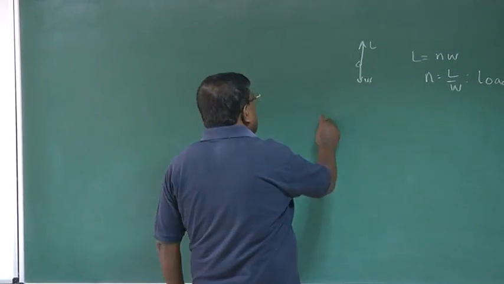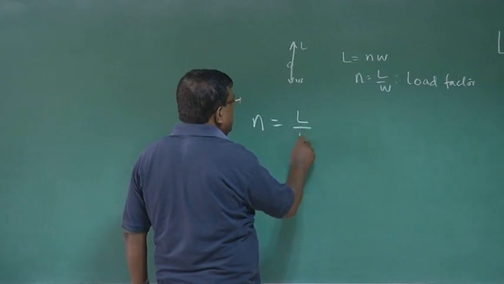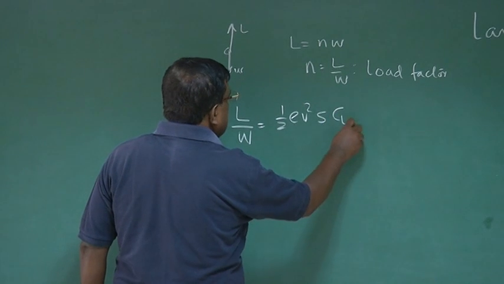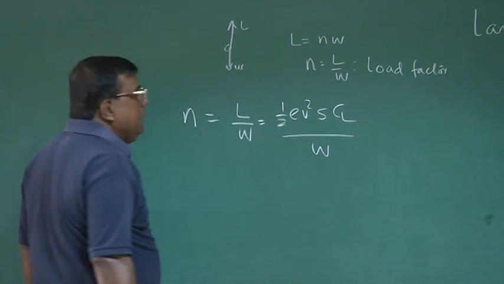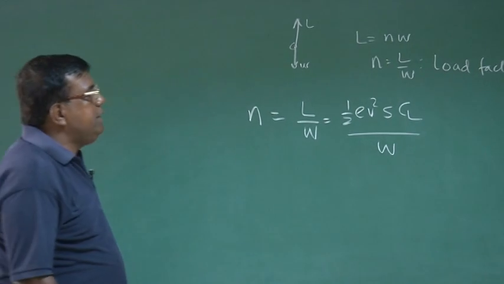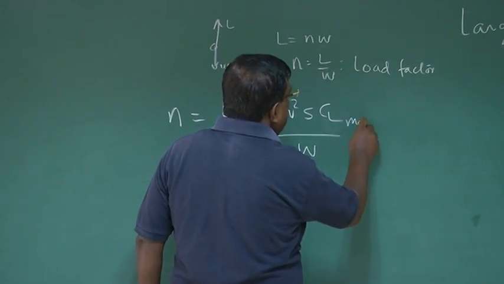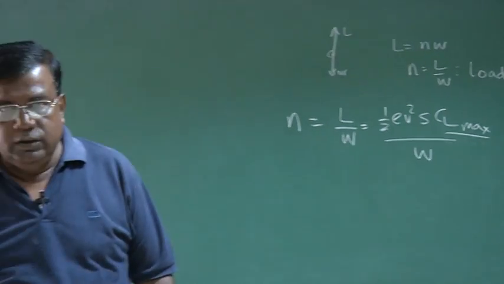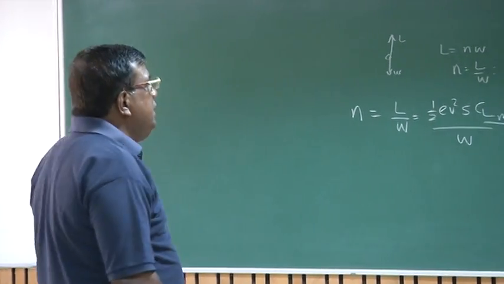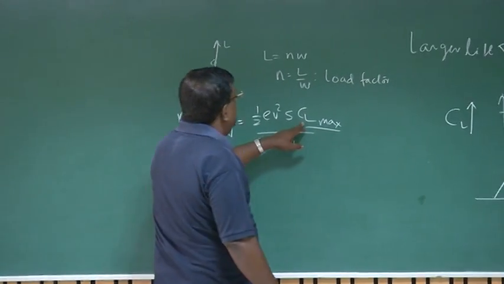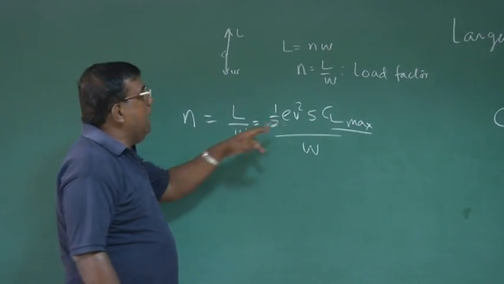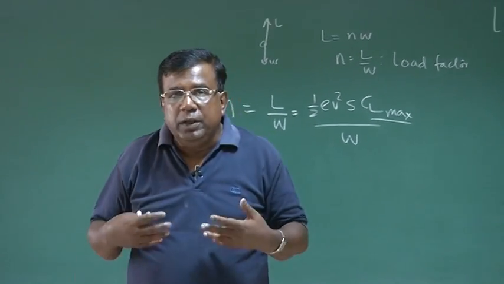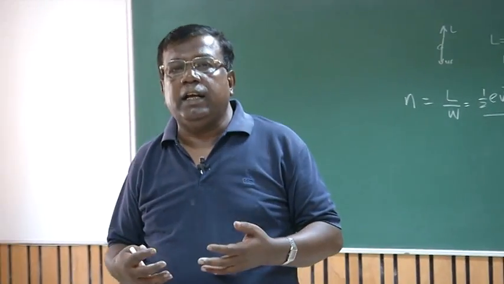Since I know n equals lift by W, and n is nothing but half rho V squared S CL by W. Let's say I am flying at CL max because I know beyond this CL max I cannot fly, as I will be going into a danger zone, which is stall for us. So I am fixing that CL max, but I argue I will still increase this n as I go on increasing the speed. If I am increasing the velocity, what does it mean for an aircraft designer?